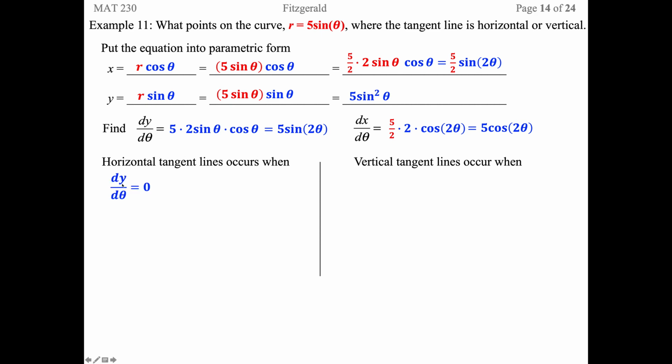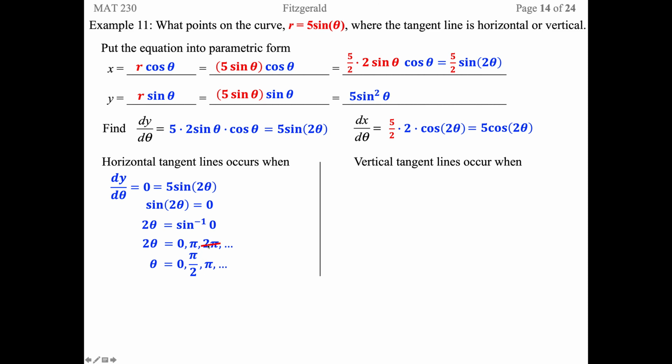All right, for a horizontal tangent, dy over d theta equals 0, so we set 5 sine of 2 theta equal to 0 and solve this. I can divide over the 5, that's gone. So sine of 2 theta equals 0. So 2 theta equals inverse sine of 0. That's going to be 0 radians, pi radians, 2 pi radians, and so on. Divide the 2 into those answers and we get 0, pi over 2, pi.